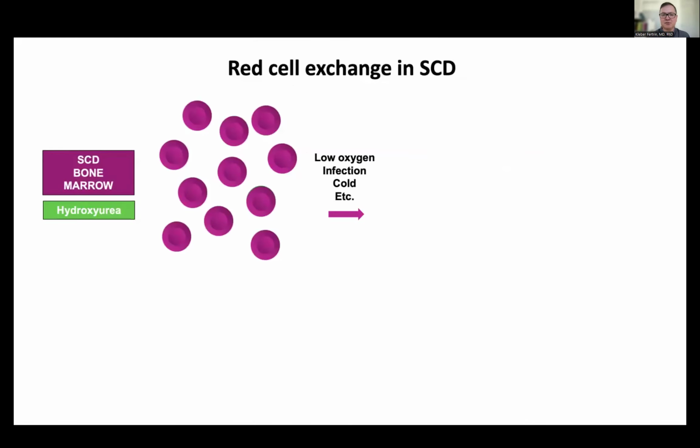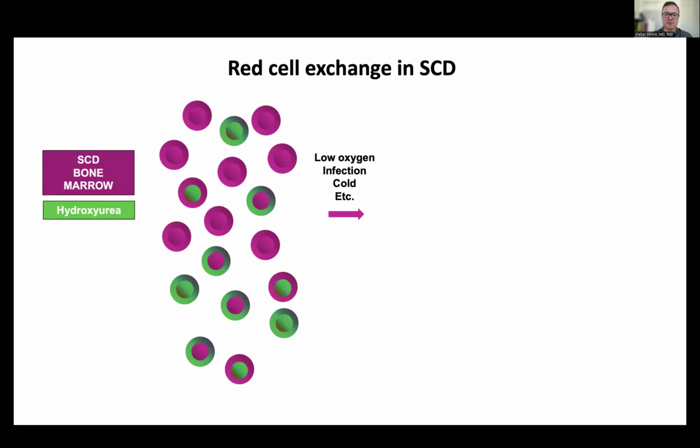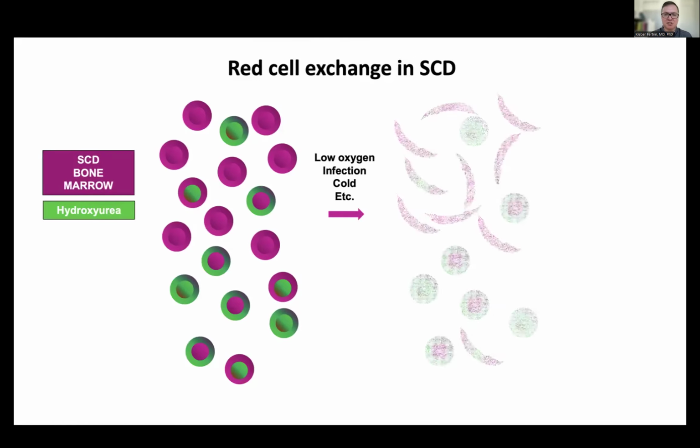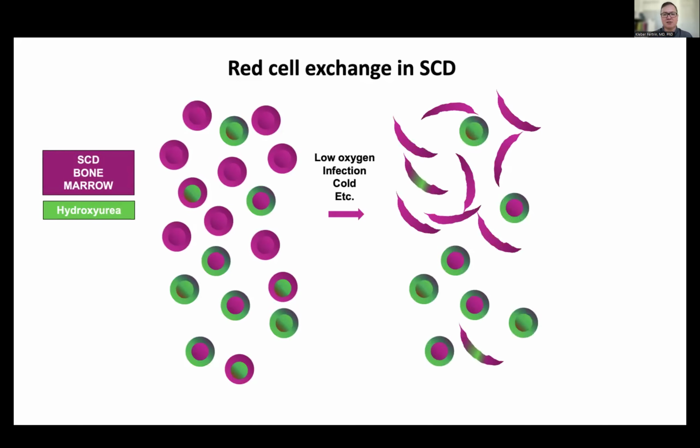In my cartoon, the way I like to think about it is that when you give someone hydroxyurea, the bone marrow will start making a range of sickle cells that contain some more fetal hemoglobin than at baseline. And then when exposed to those harsh conditions, some of the cells will still sickle, even if they have some fetal hemoglobin, but the cells that have higher levels of fetal hemoglobin won't sickle.